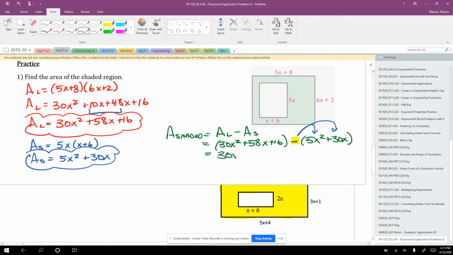So now I have 30x squared plus 58x plus 16 minus 5x squared minus 30x. Combine like terms. These two are like, and I get 25x squared.